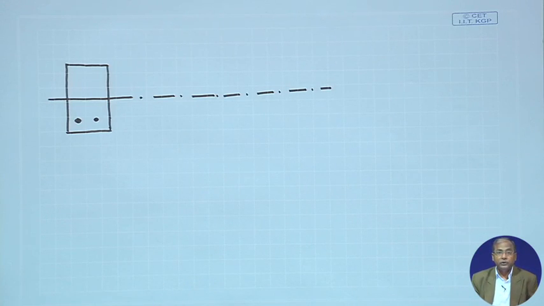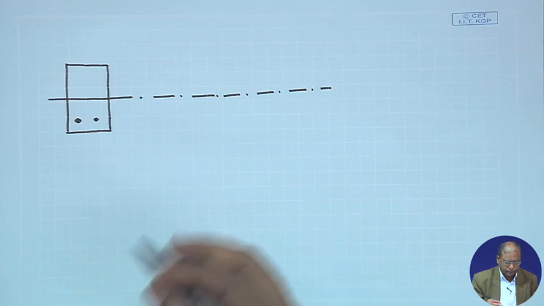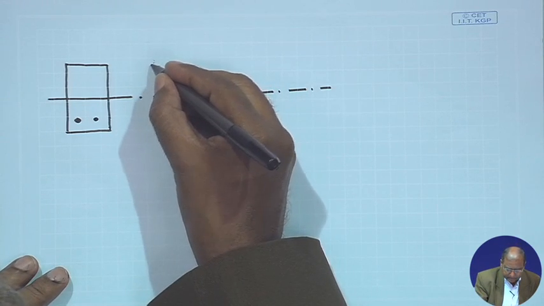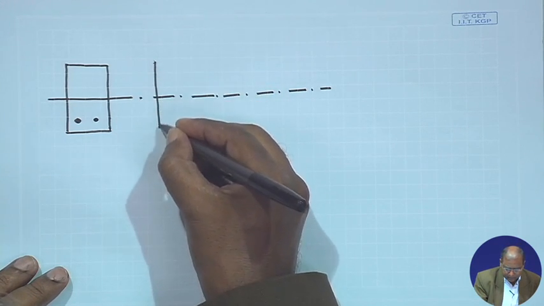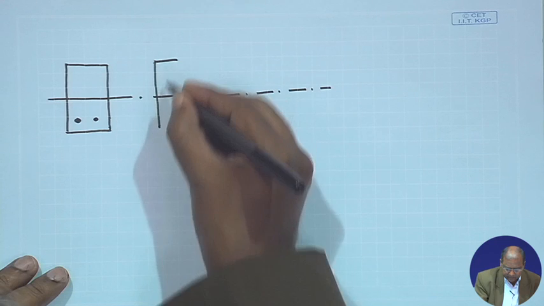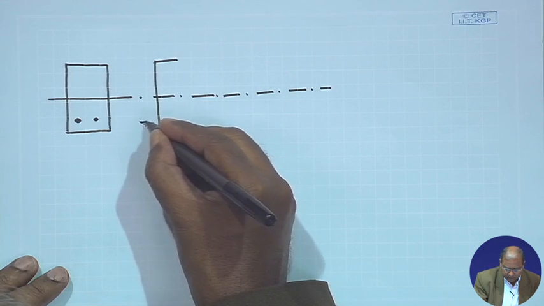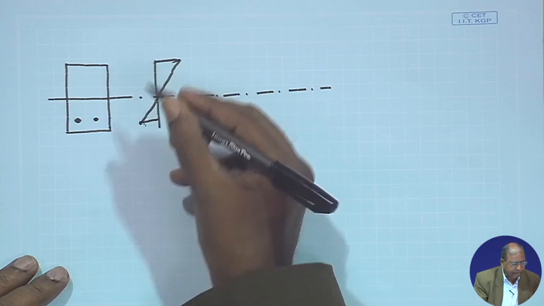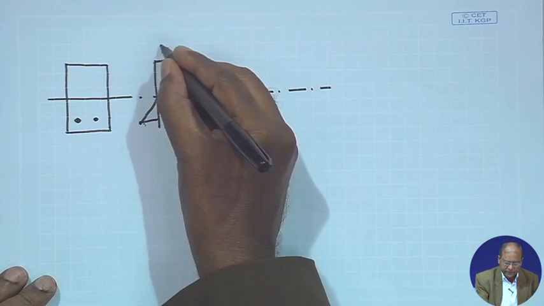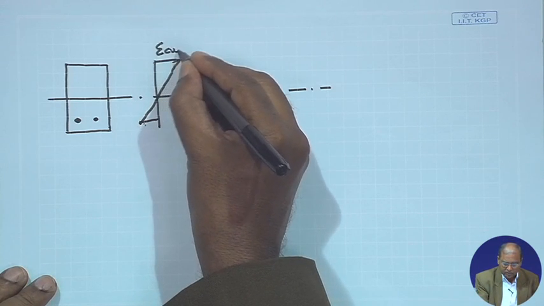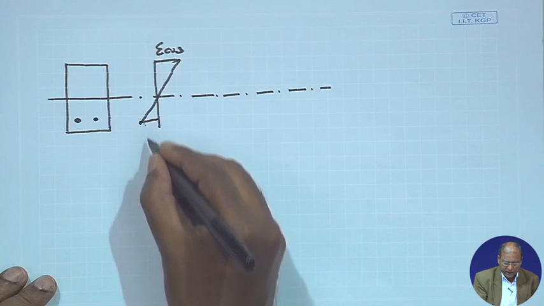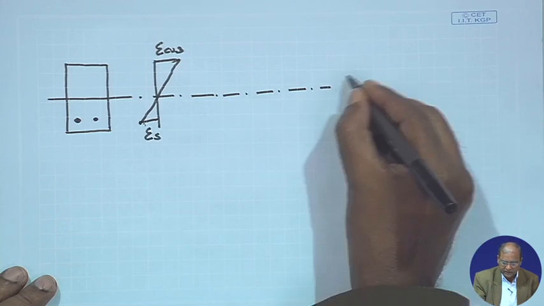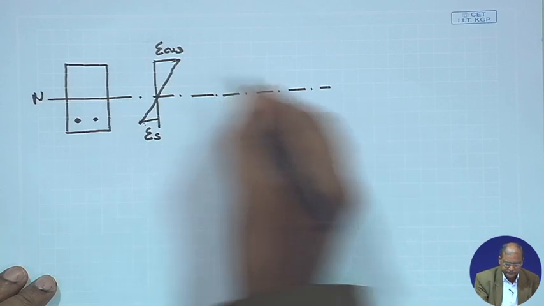This is our strain diagram, epsilon and epsilon s, this is our neutral axis.